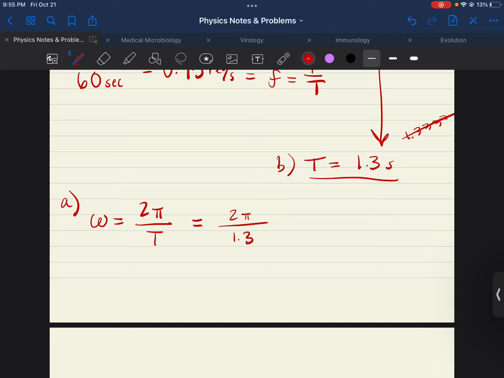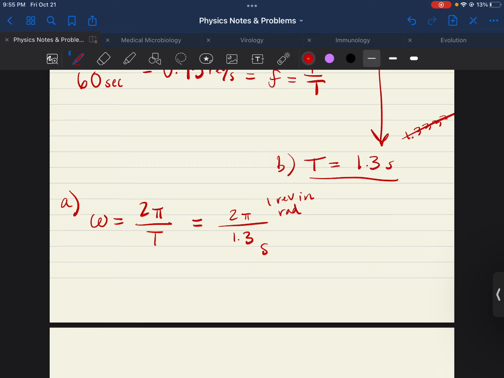Now what we're doing here is basically finding the rate of rotations in radians. 1 revolution in radians, and we're dividing that by the time it takes for 1 revolution to occur.